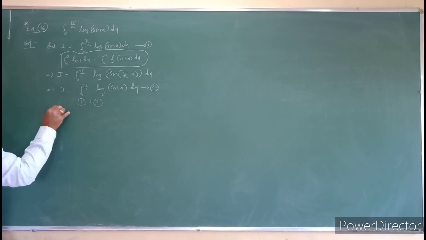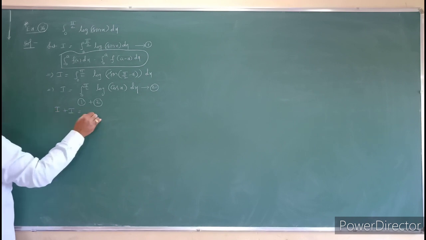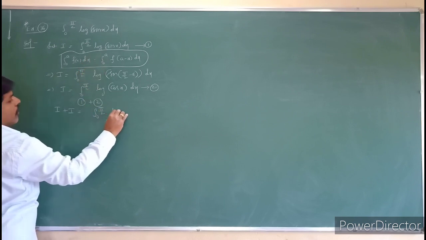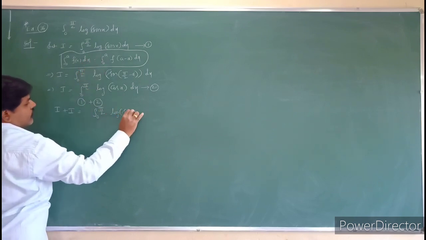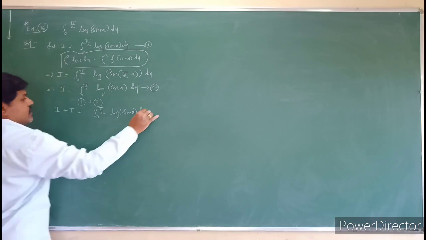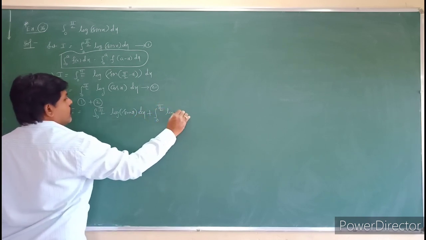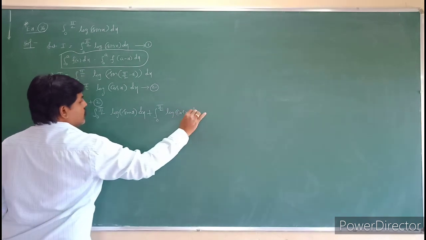So what happens, I plus I. Integral 0 to pi by 2 log of sin x into dx plus integral 0 to pi by 2 log of cos x into dx.